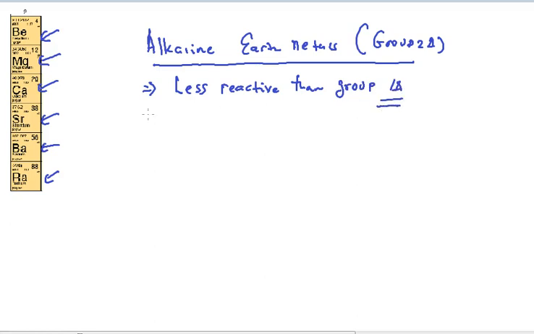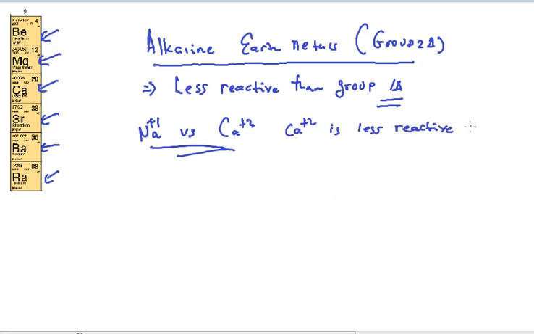So one of the questions someone might ask is, if you compare sodium versus calcium, naturally calcium is less reactive than sodium. It's because of its position in the periodic table. When it comes to reactivity, it increases down the group.